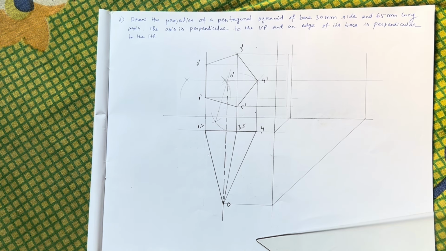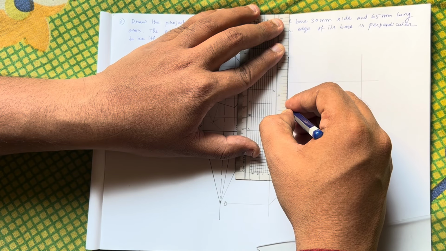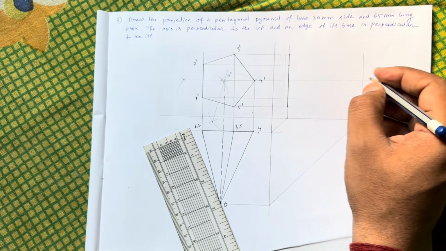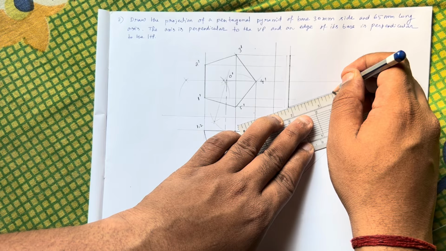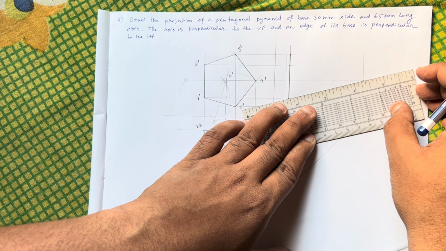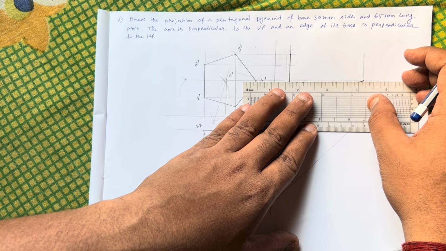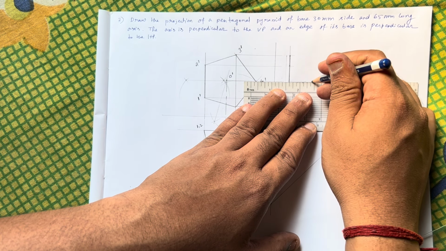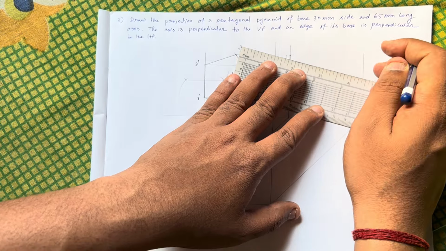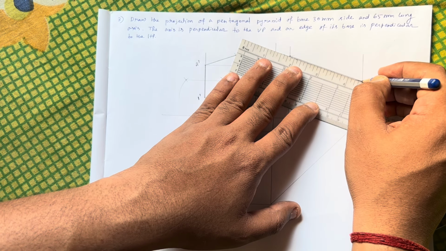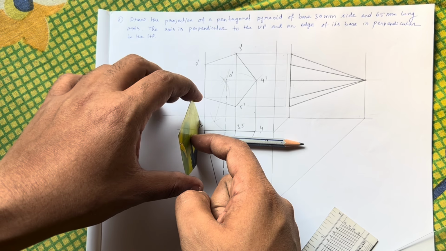Now this is our base, and you make this point and this point, and join all these points like this.